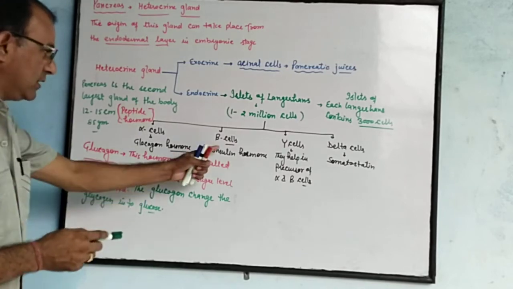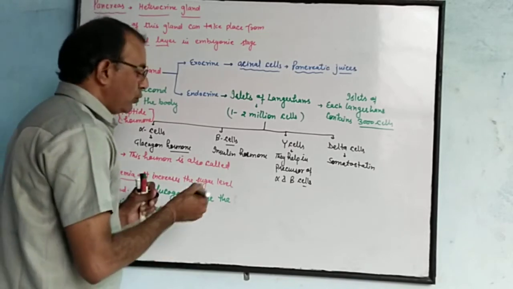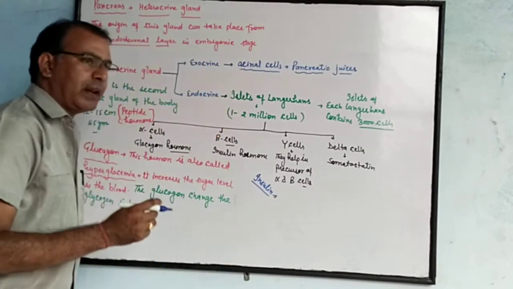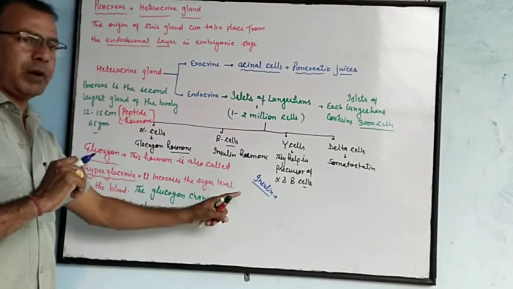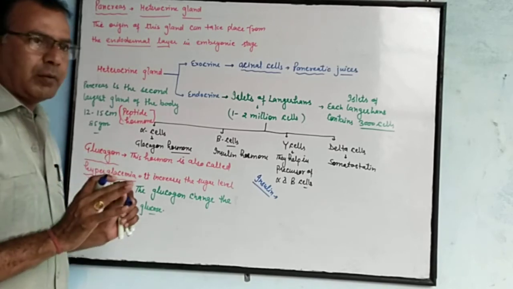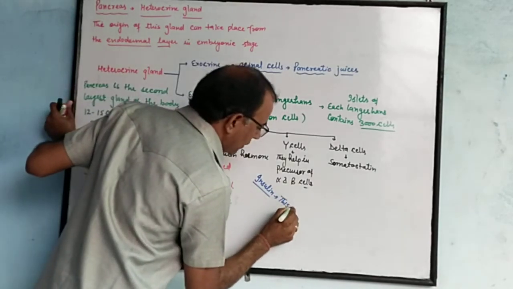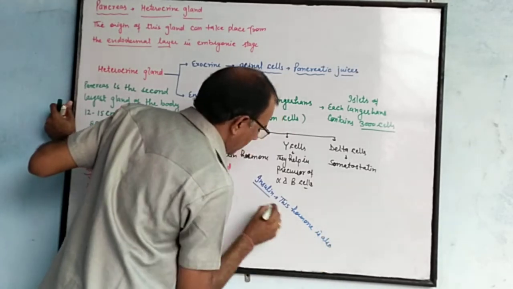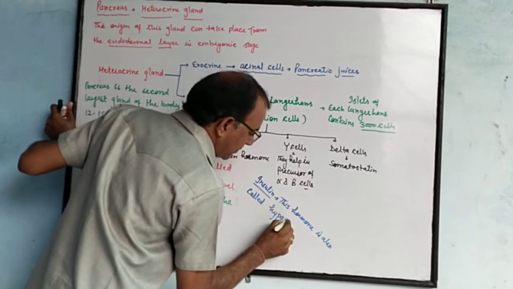The next hormone that is secreted by the beta cell of islet of Langerhans is insulin. Insulin is also known as hypoglycemia because this hormone decreases the sugar level in blood. This one increases and this one decreases, so the sugar level remains balanced.